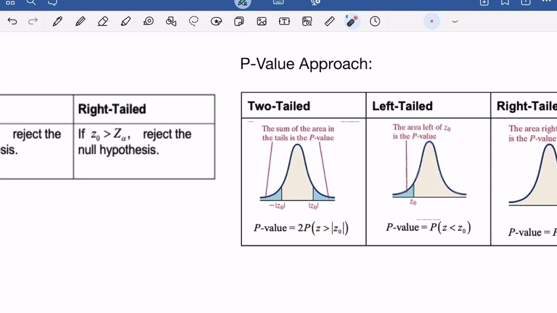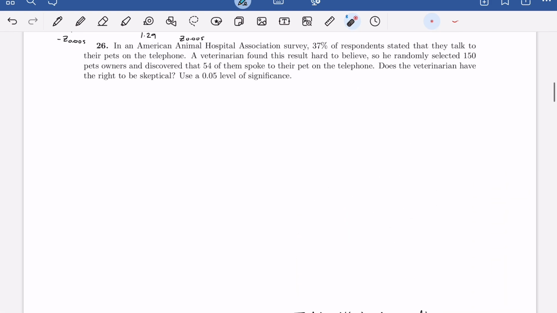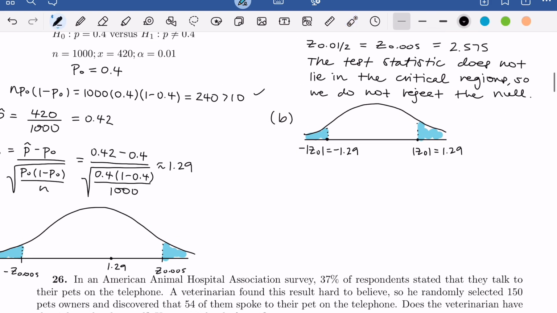So we're looking at 2 times this probability that our random variable is going to be greater than the absolute value of our test statistic. So that's what we're going to find here. We're going to find our p-value. So in this case, our p-value is going to be 2 times the probability of this here, since our test statistic is 1.29.